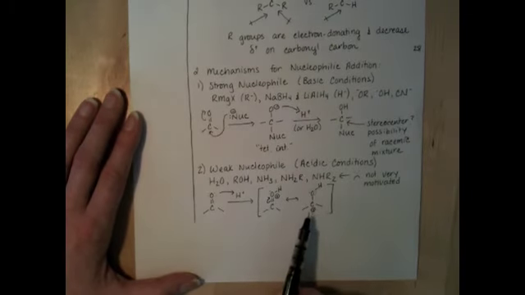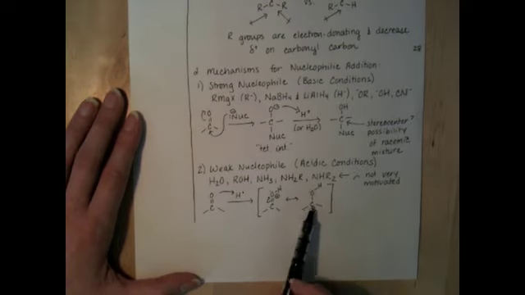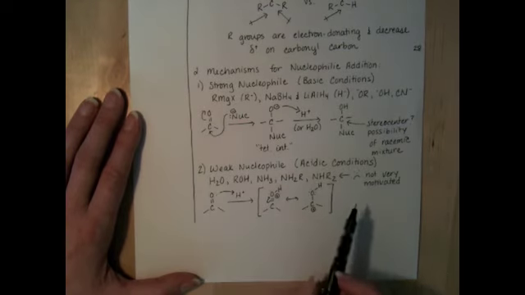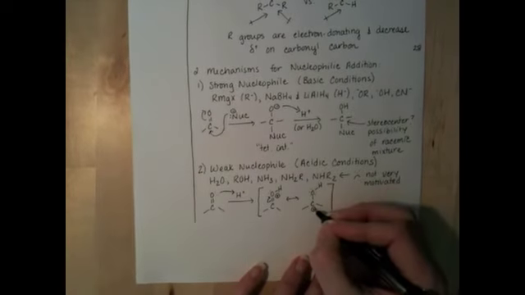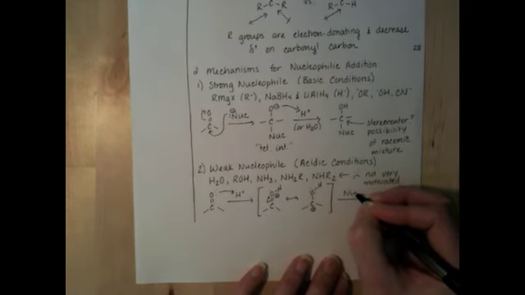Now, with a true charge on the carbonyl carbon, this compound is very motivated to attack, and it makes up for the fact that these compounds are pretty stable and not all that willing to participate in the reaction.